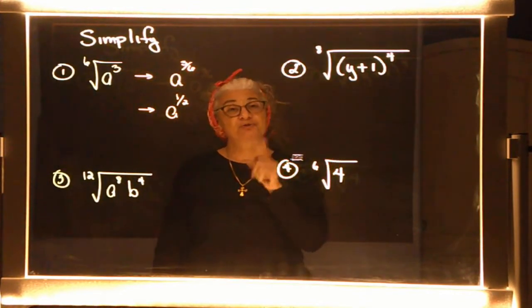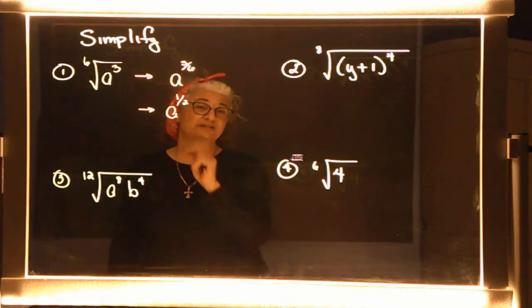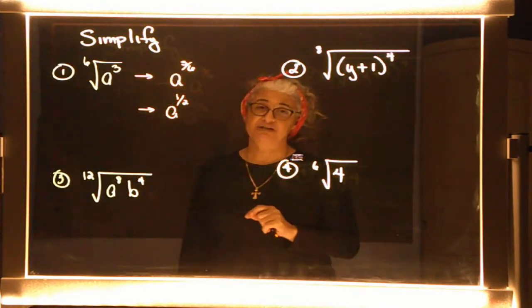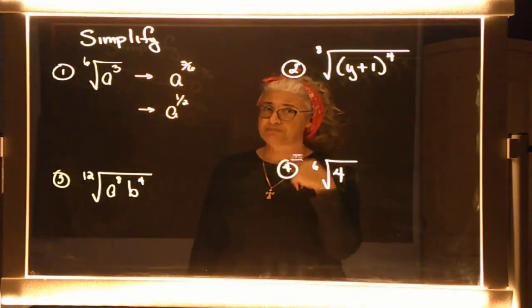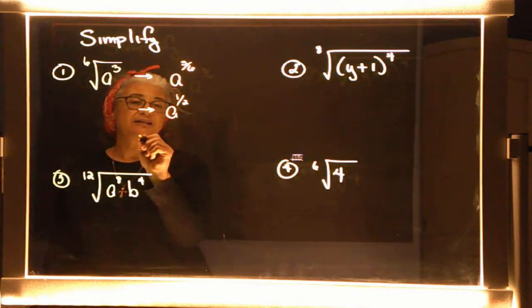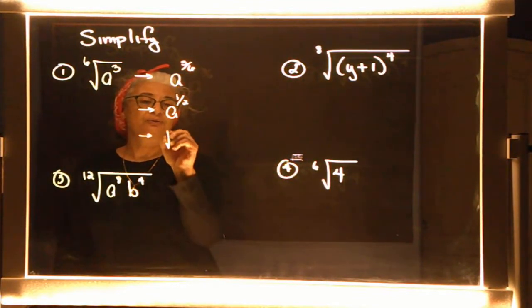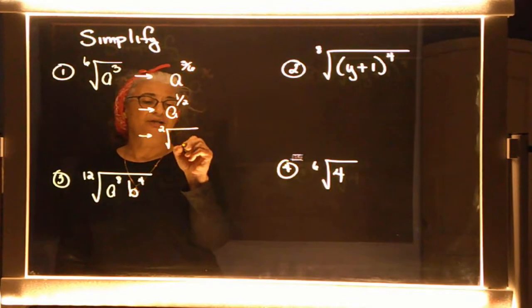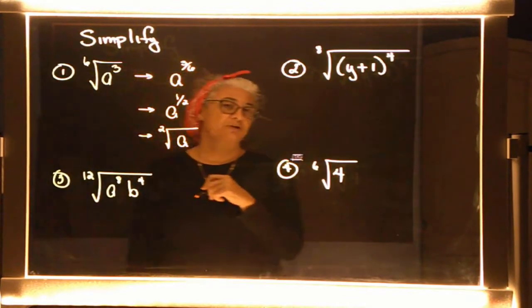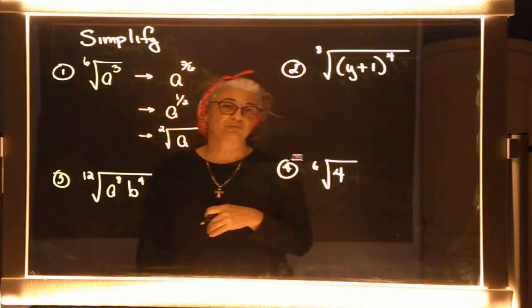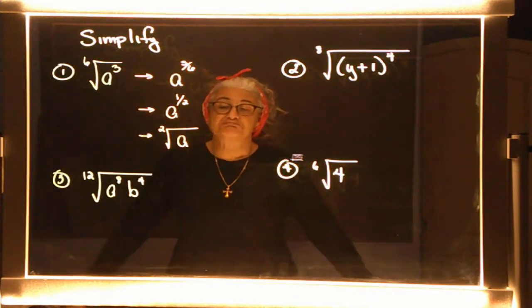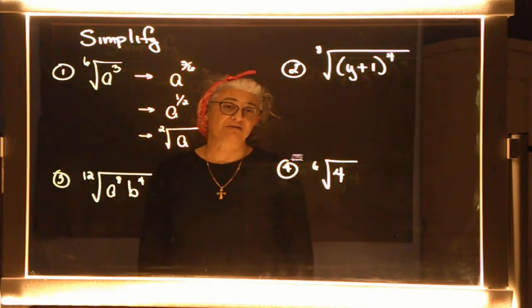No. Now, the directions may say, leave it as a rational exponent, and there it is. But if it says put it back as a radical, then that means you're going to have the 2nd root of a to the power of 1. And we're not going to write power of 1 because anything to the first power is itself.